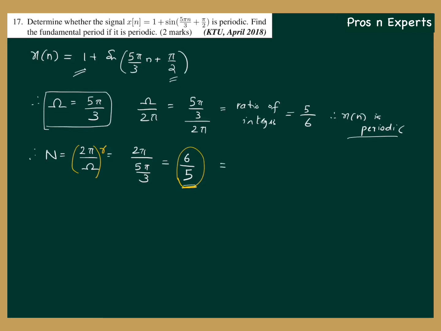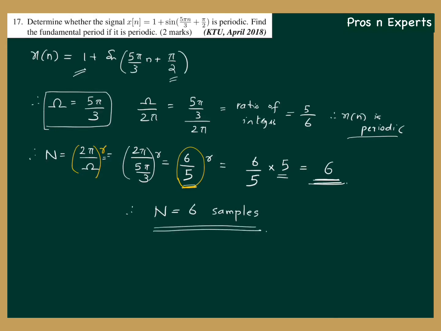So this 6 by 5 can be multiplied by r equal to 5, so that the total answer is 6, which is an integer. Therefore n equal to 6 samples. So the signal is periodic with a period of 6 samples.